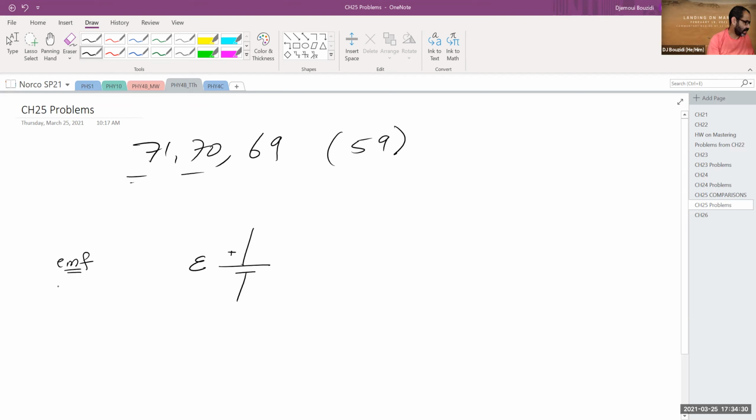If you have a battery, the battery has a number appended to it. This battery, if it's not appended, we know that this is a 1.5 volt battery. So that would be its EMF. So the EMF on this battery is 1.5 volt. So that would be your epsilon. So when you're doing problems like this one, that is basically in a nutshell what you have to remember.